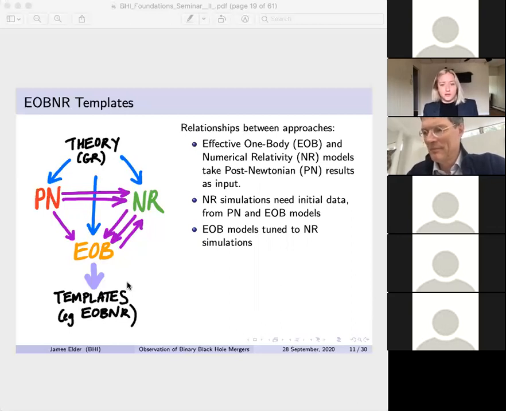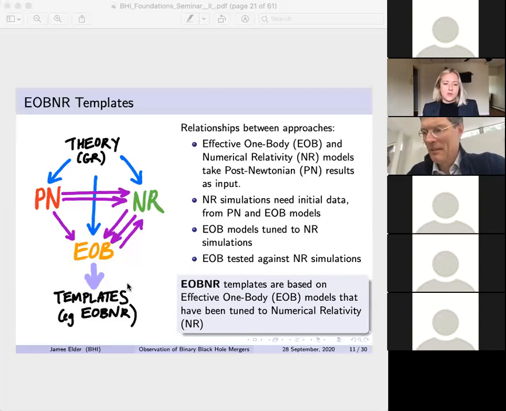They have to be tuned to numerical relativity results. And then you extrapolate throughout the parameter space and end up testing the effective one-body models against other numerical relativity simulations, just as a test that things are going well.